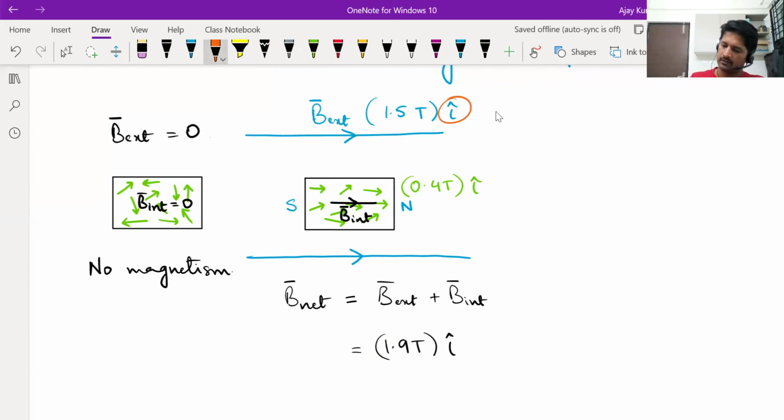So external, internal, and also net field, they all have the same direction in paramagnetic substances. And net field 1.9 Tesla is stronger than the external field.